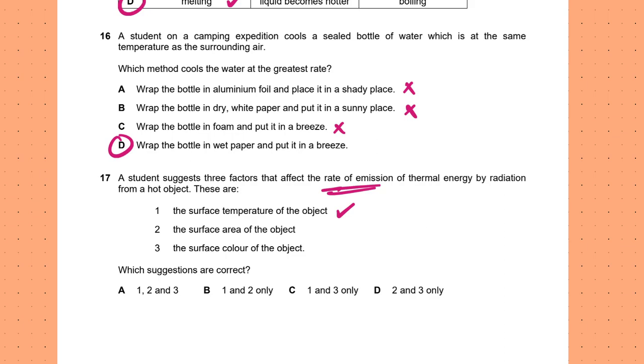The greater the temperature, the greater the rate of radiation. Area as well, the greater the area, the greater the rate of emission. And the color or the texture also affects how fast radiation will happen, right? Dull black is a good emitter, and shiny white is a good reflector, a poor emitter basically. So yeah, all of these affect the rate of emission. So the answer is 1, 2, and 3. All of these are correct.